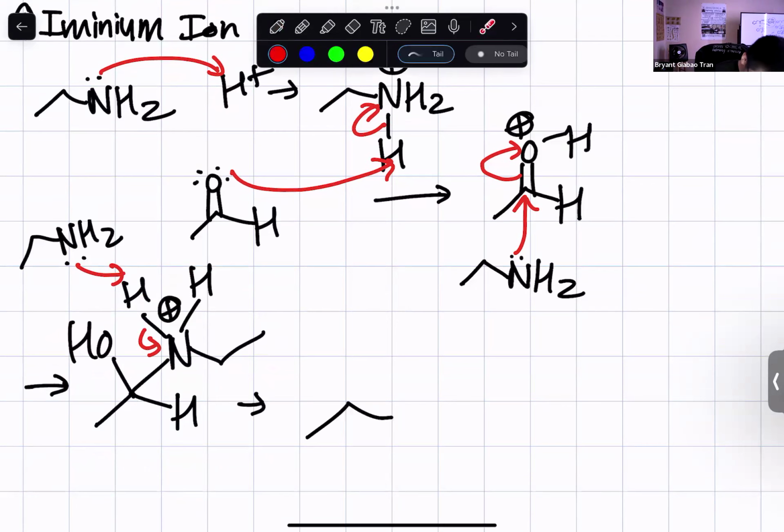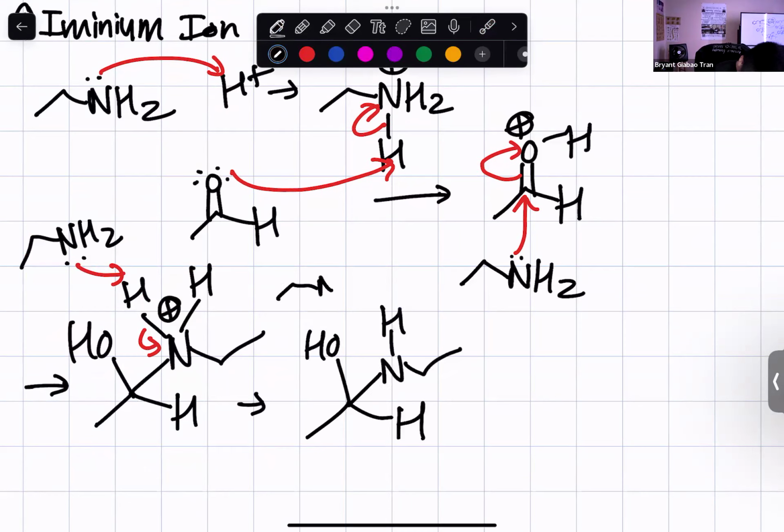This is my best base in the solution right now, which makes it neutral, a bad leaving group. And I'm going to use the protonated amine as a proton source to protonate the OH and make it into a good leaving group.